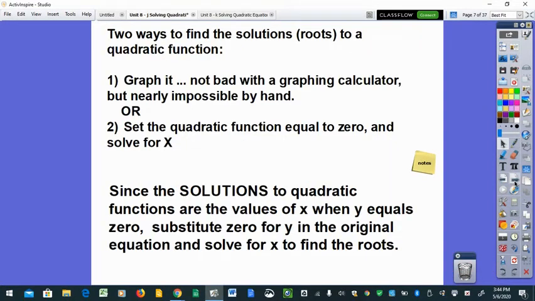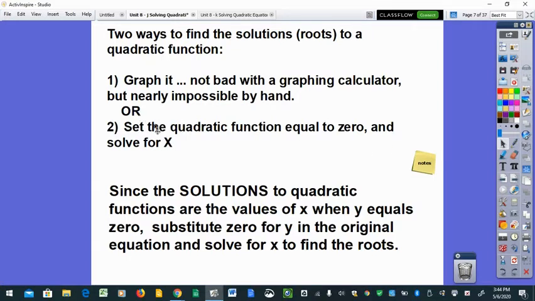There are two ways to find the solutions, also known as roots, to a quadratic function. You could graph it and see where the parabola crosses the x-axis, but the problem would be, what if those are not integers? It's not bad if you had a graphing calculator, but it can be nearly impossible when you're doing it by hand.